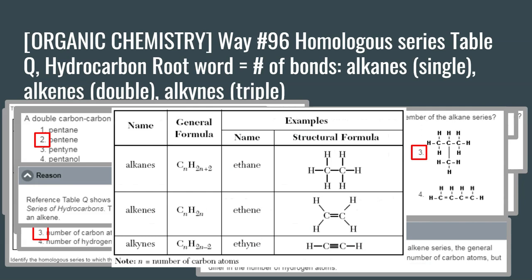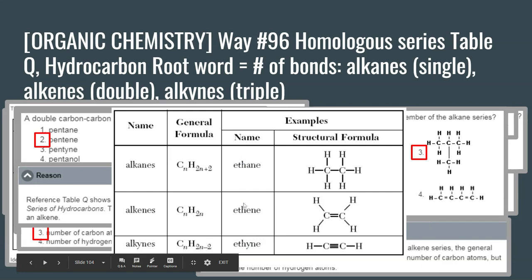So in general, alkanes are going to have the formula CnH2n+2, and they're all going to end in ane. Alkenes are going to have the general formula CnH2n and all end in the root word ene. Alkynes are going to have the general formula CnH2n-2 and end in the root word yne.